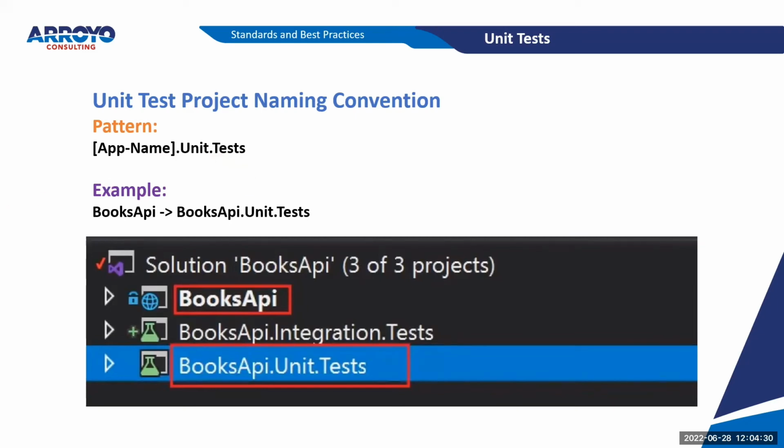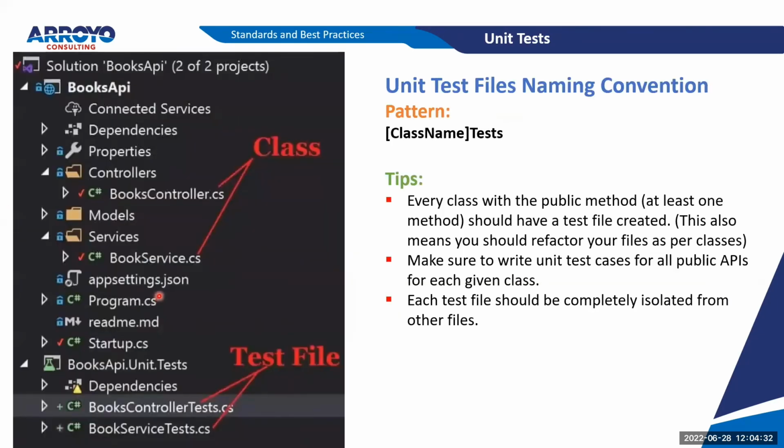Okay. And the next one is the unit test files naming convention. That's more related with the files that we are using inside. So if we are using, for example, BooksAPI, and inside we are using BooksController, we have to add here BooksControllerTest, always adding the suffix Test at the end.